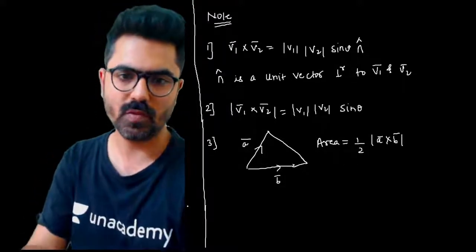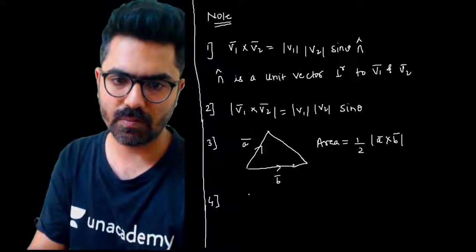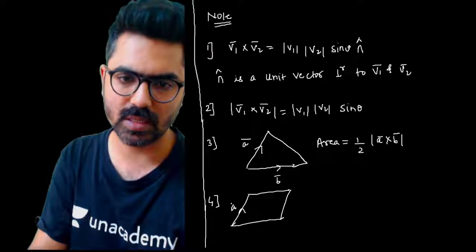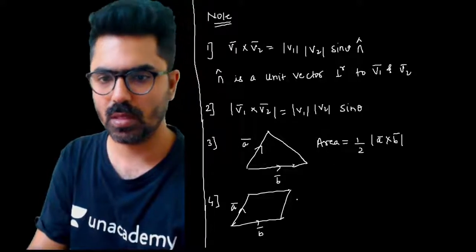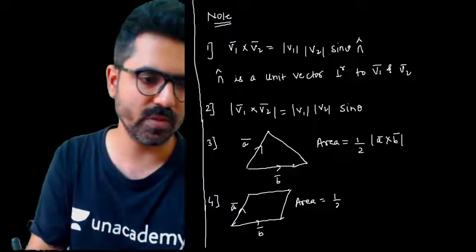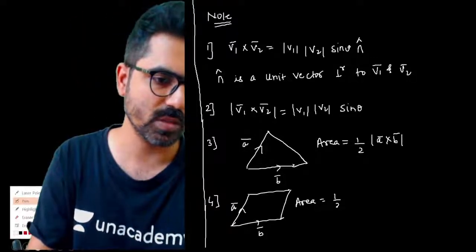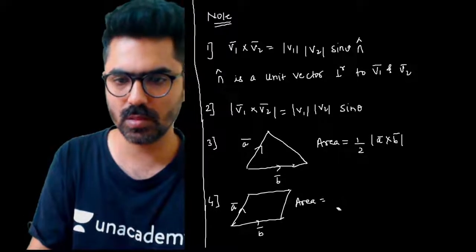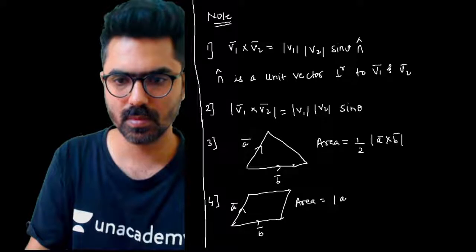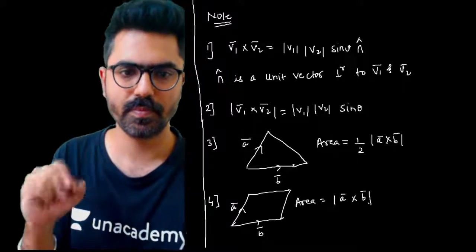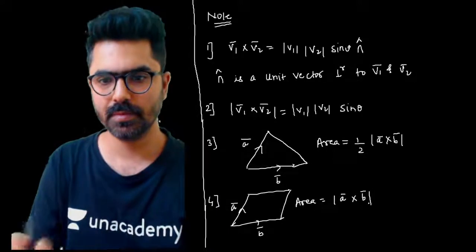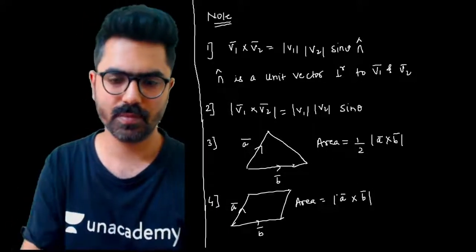Similarly, if a parallelogram is given along adjacent vectors A and B, in this case no half will be there. Directly the mod of A cross B is the area of the parallelogram.